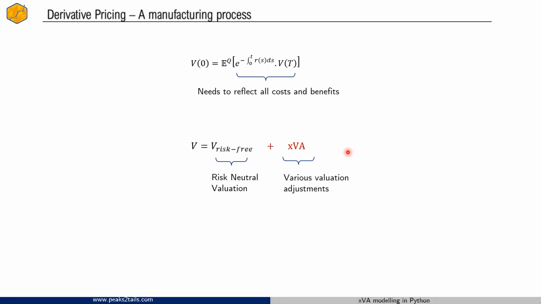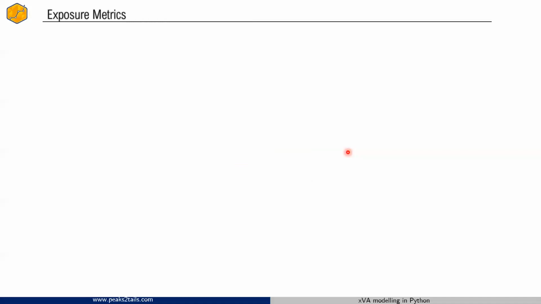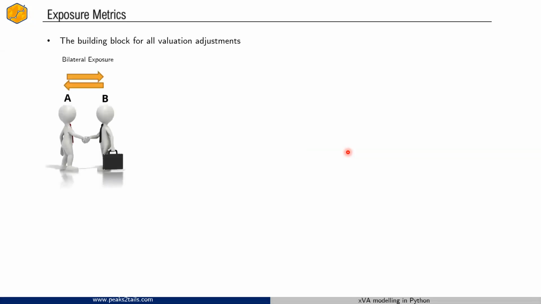All right. Okay. Now let's do a deep dive. First and foremost, you need to understand how to calculate various exposure metrics. Exposure metrics are fundamental building blocks for all the valuation adjustments. So let's look at that.